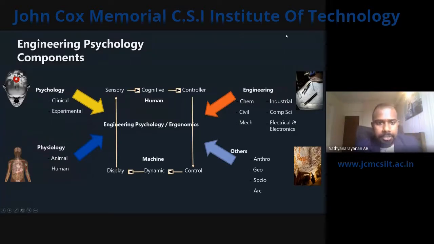Then how it works: basically it has a sensor. Everything starts with an input device called a sensor. The sensor detects the types of motion, temperature, and gestures. There are various components here: EEG signals, camera, images. So there are various input devices. Sensors, cognitive, this is the human side.